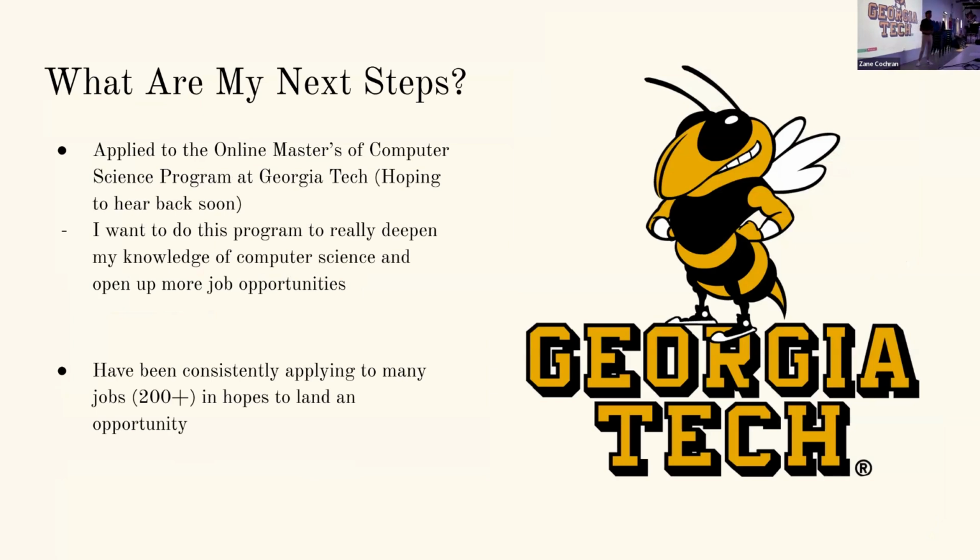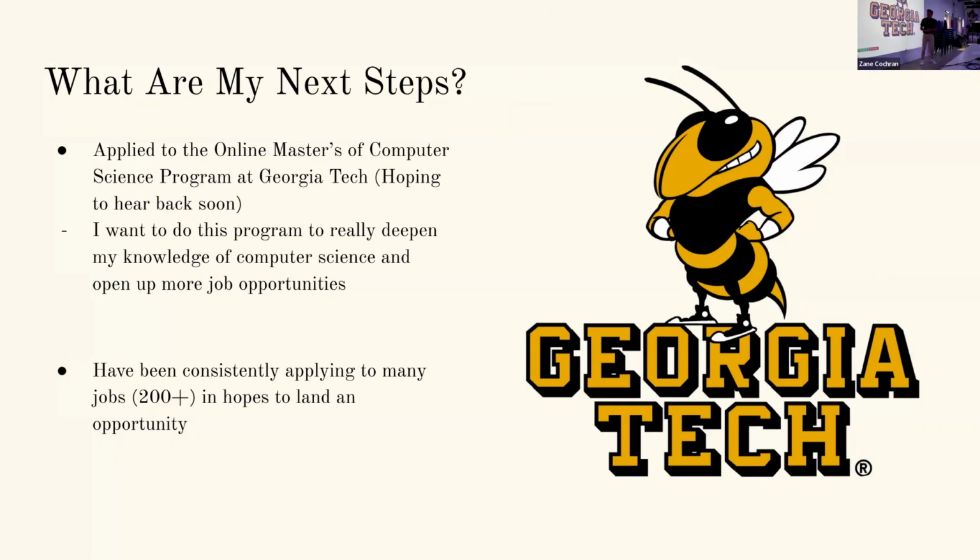So what are my next steps and what am I going to do after Barry? I've actually applied for the online master's in computer science program at Georgia Tech, and I'm still hoping to hear back from them.